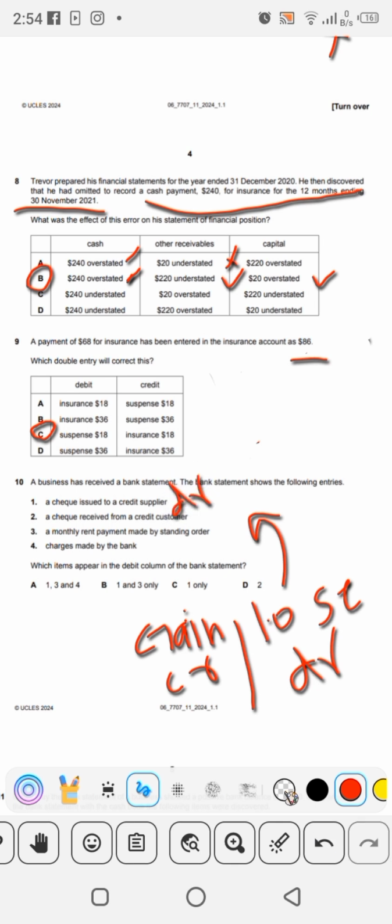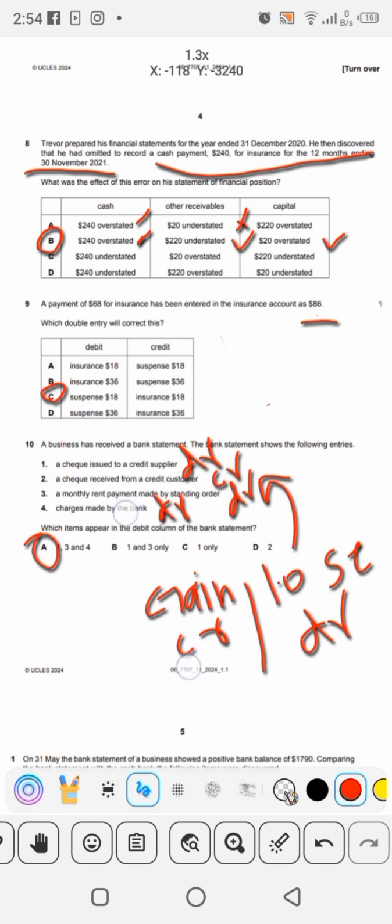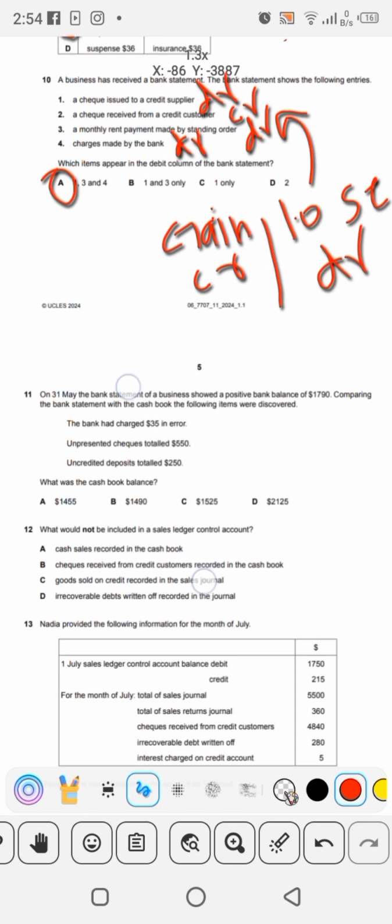Okay, so the first one, check issued to a credit supplier, is debit. A check received from a credit customer is a gain, so it is credit. Then a monthly rent payment made by standing order, it is a payment, so we have lost, then debit. Charges made by the bank, we have to give it to the bank. Expense, this is a debit. So the items which appear in the debit column of the bank statement is part A.